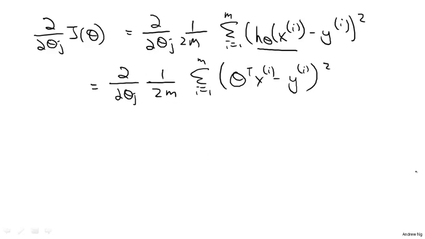So this is the partial derivative with respect to theta j of this term on the right, and computing this partial derivative requires a little bit of multivariate calculus. I'm not going to do the derivation, but if you actually figure out what this derivation is, it turns out you end up with this term. I'm just going to write out the answer here.